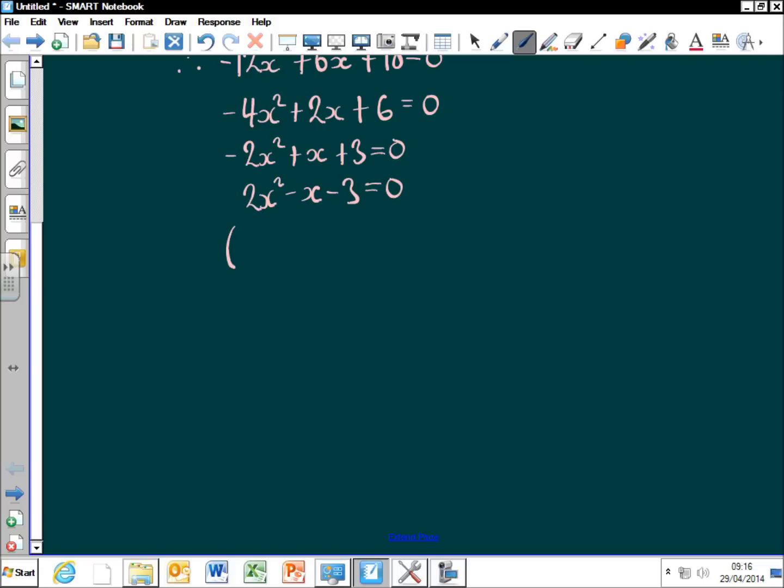So we put it into 2 brackets. Look at it for a moment. It's going to be 2x there, and it's going to be -3 and plus 1. Does that work? 2x. Yeah, that's fine.